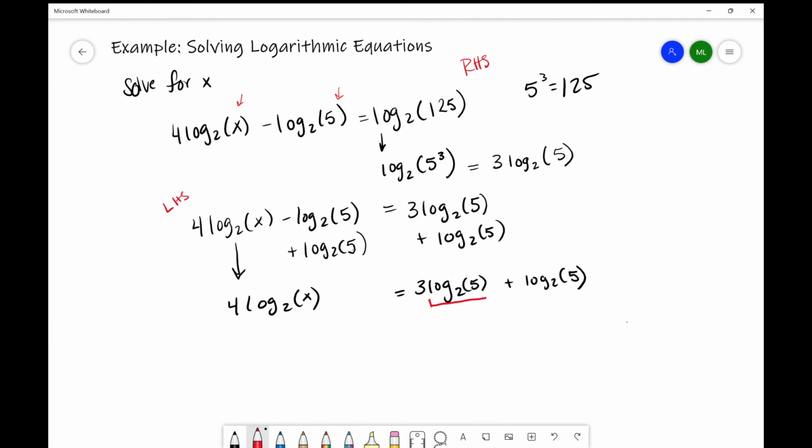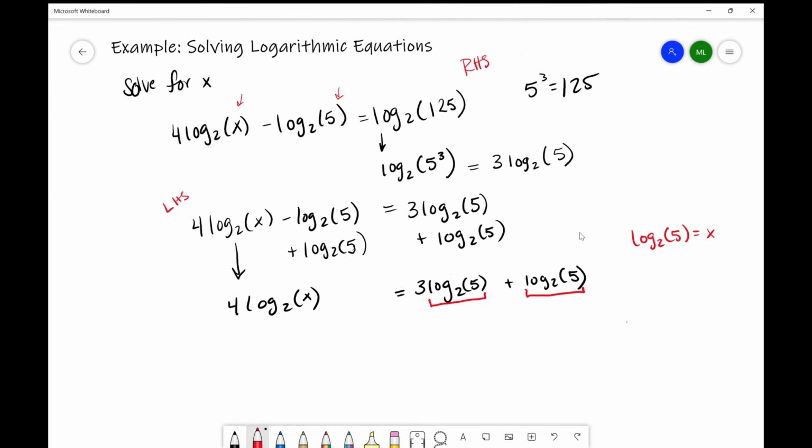Now look here. I have a log base 2 of 5 and a log base 2 of 5 being added together. You can think of log base 2 of 5 as an x, or a b, or whatever variable you want to call it. Because they are the same thing, you can go ahead and add them.